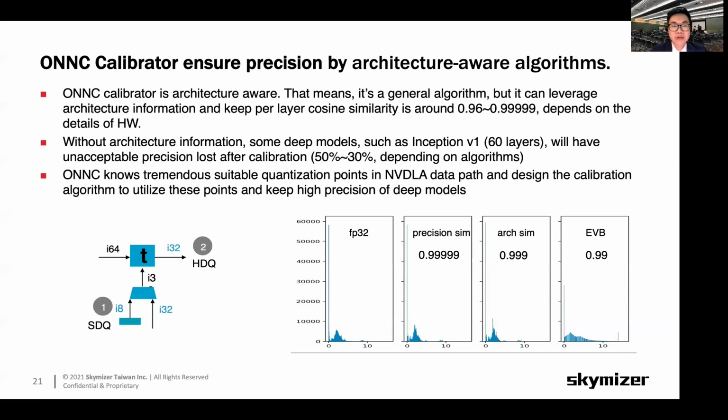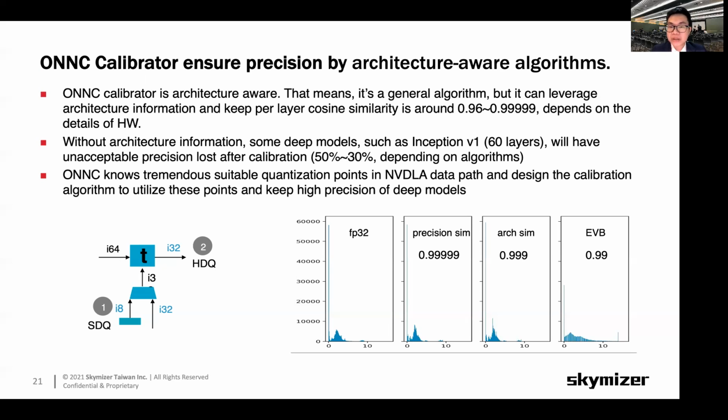So ONC knows tremendous suitable quantization points in the DLA, and some DLAs have many hardware supports to convert, with a terminology called requantization. They convert, like, INT32 to INT8.